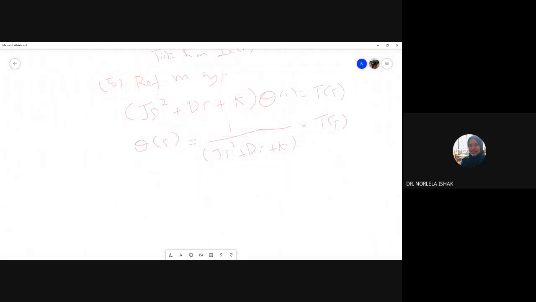From here, you draw the functional block diagram for this system. Theta is your output, torque is your input, and this is the impedance for that system. So we have the equation and functional block diagram representing that subsystem.